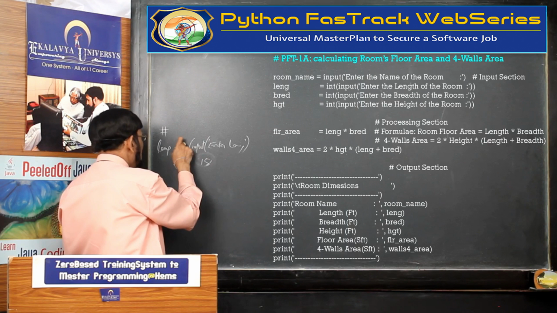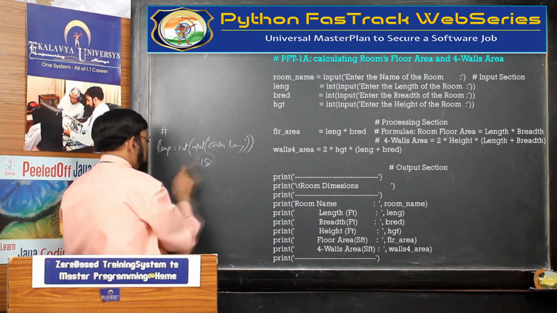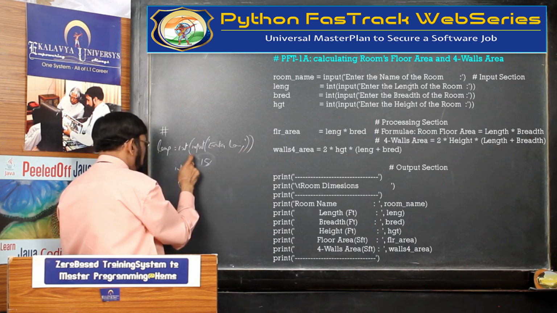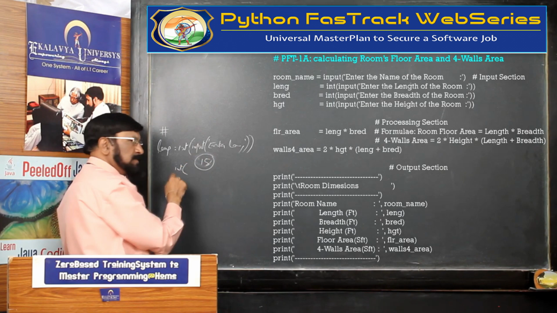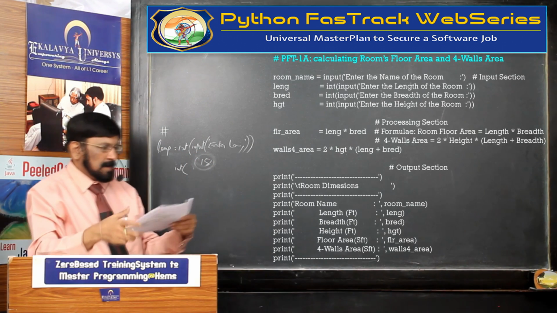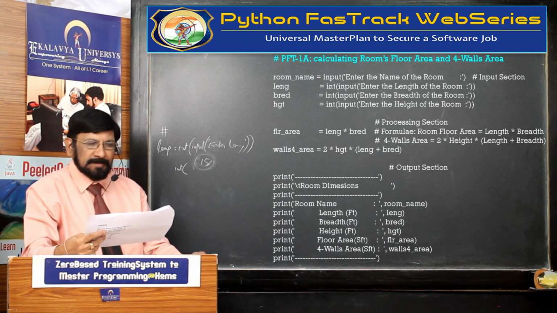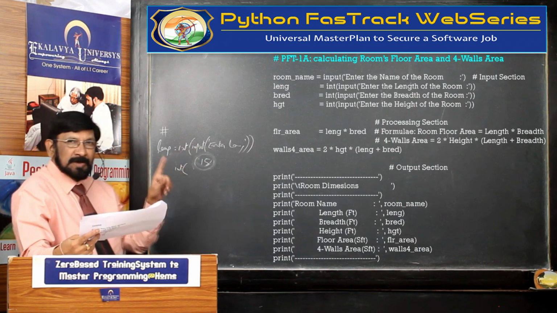That's why one function is provided, that is the int function. See that int function, what does it do? Now the wrapper is there, the string wrapper. Now the int function removes this wrapper. That's why for length, breadth and height, additionally the input function as well as the int function we are writing.